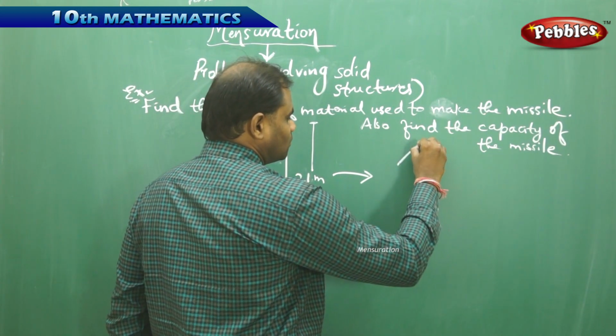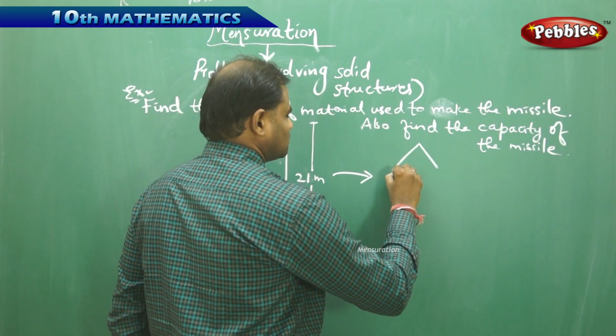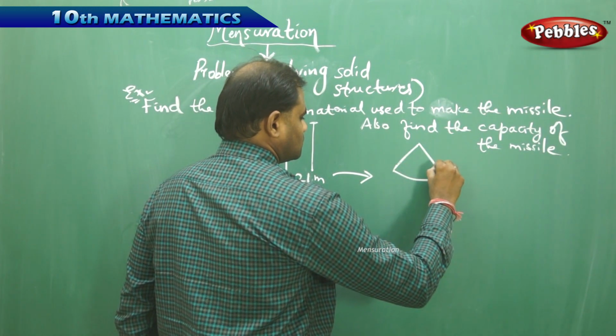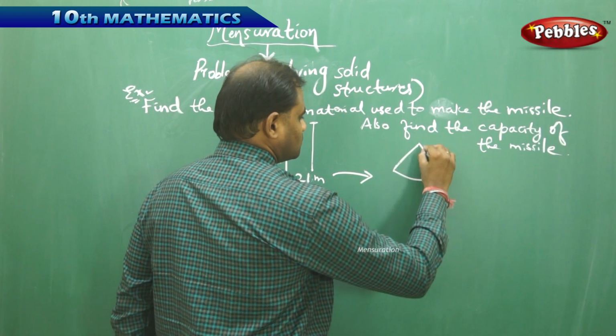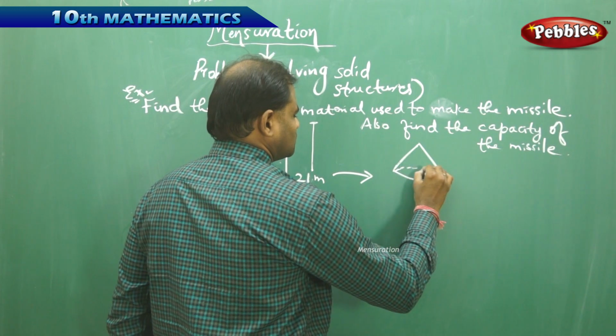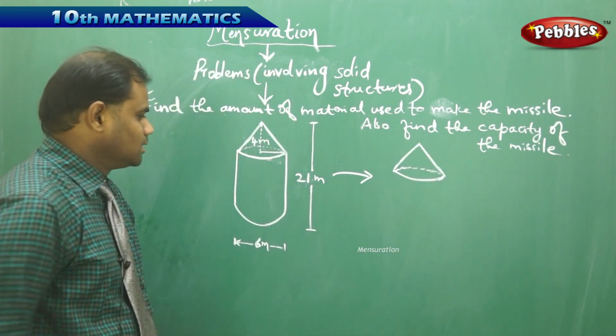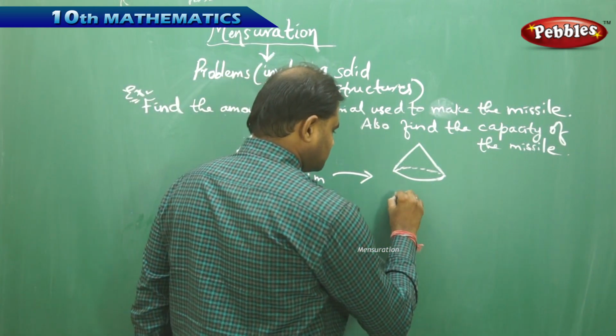Initially, I get a cone. This is the cone, and next I get a cylinder.